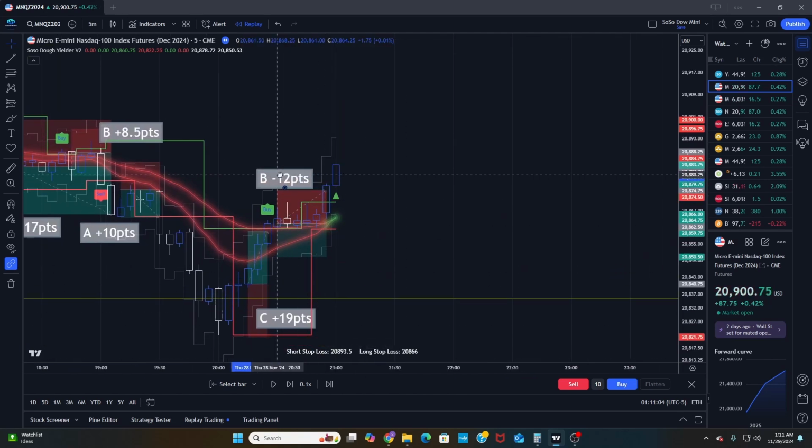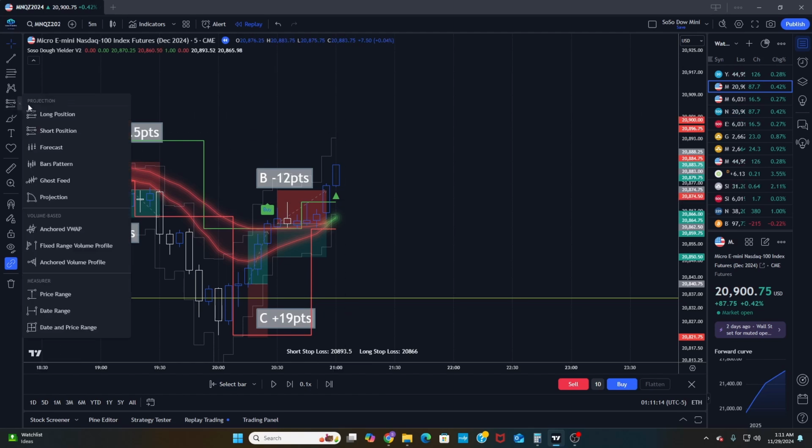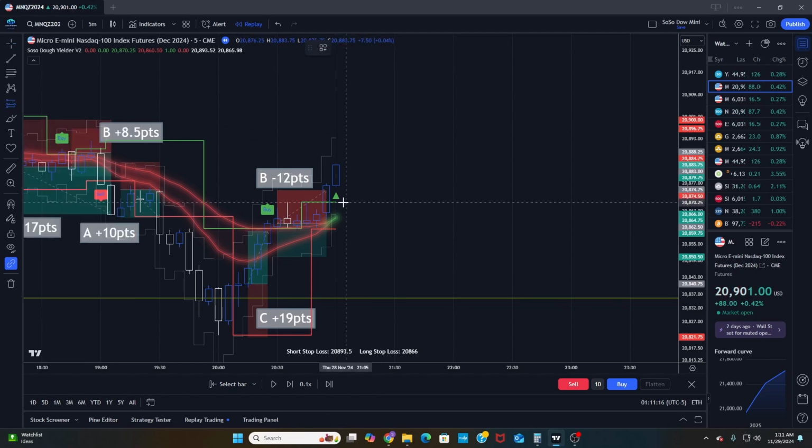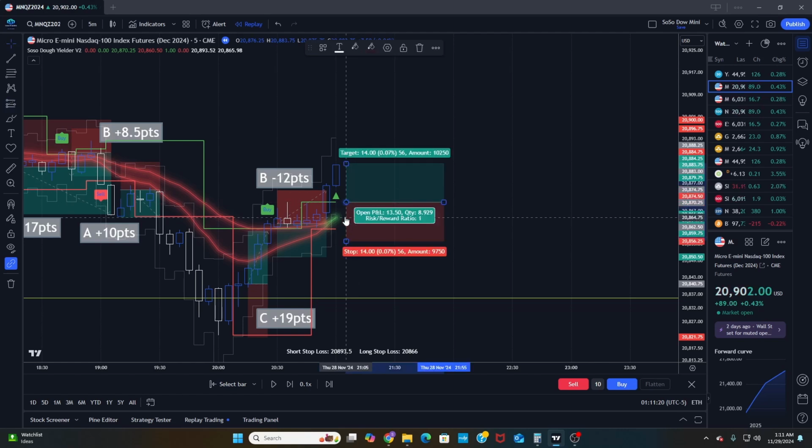Move this over. I want to keep everything clean here. All right, so our last level break is here at 870.25, and this is the candle that broke it.